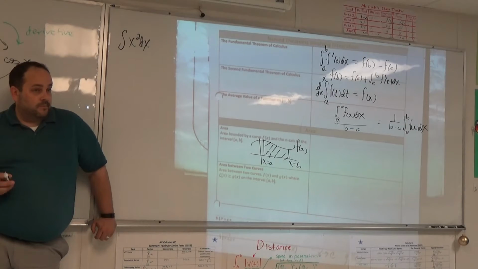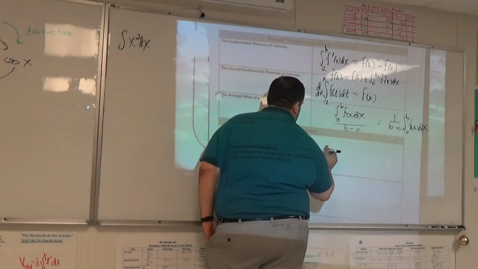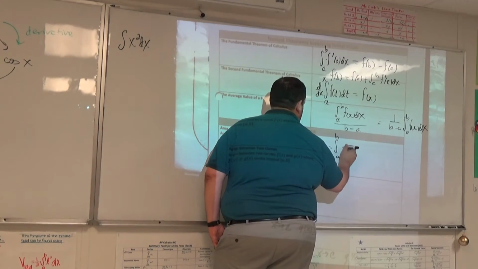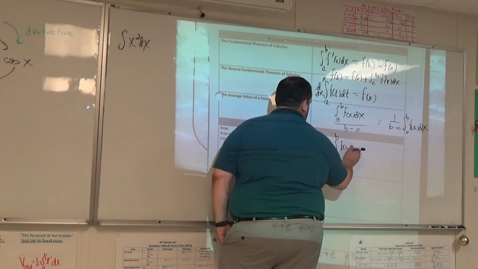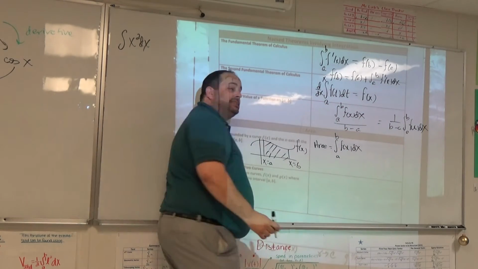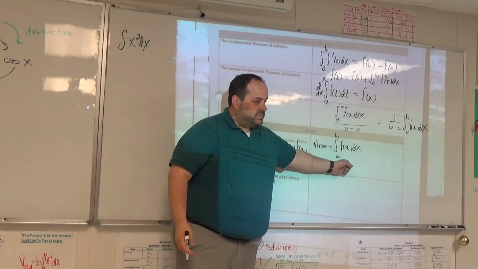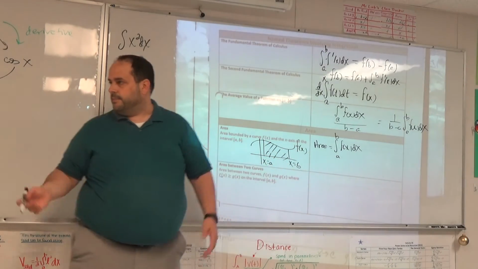What are we going to do? What's your setup? Area is going to be the integral from a to b of f of x dx. And then, right, because you know how to find antiderivatives, you're going to find the antiderivative. We're going to evaluate. Done. Lots of points come down from the sky.